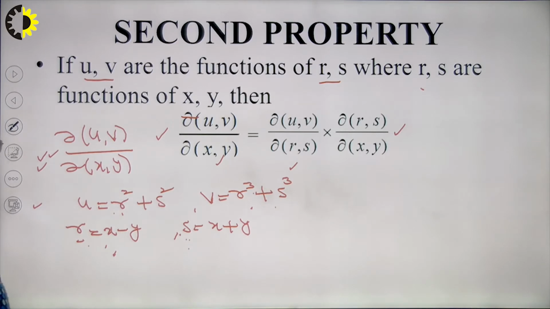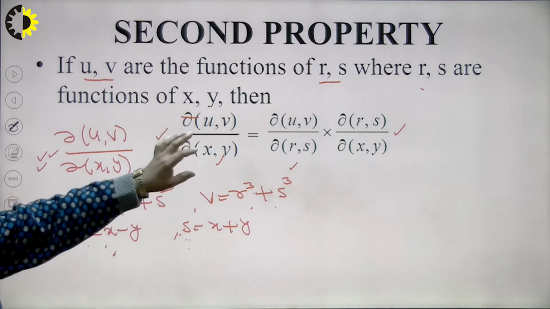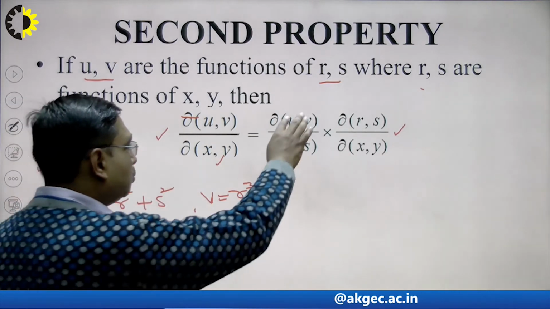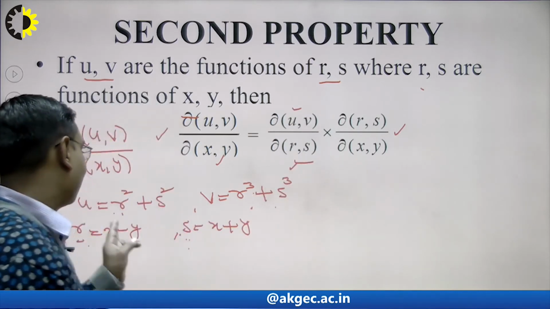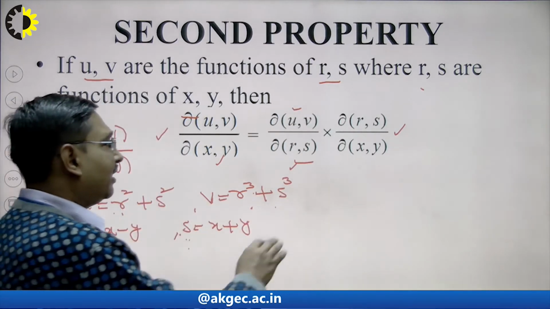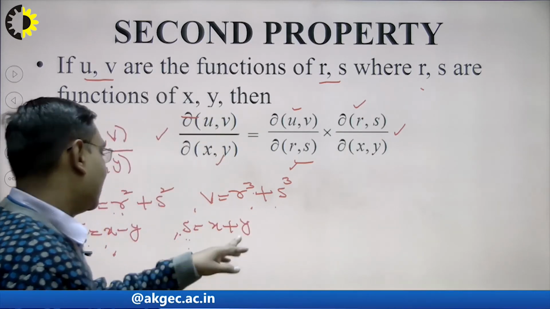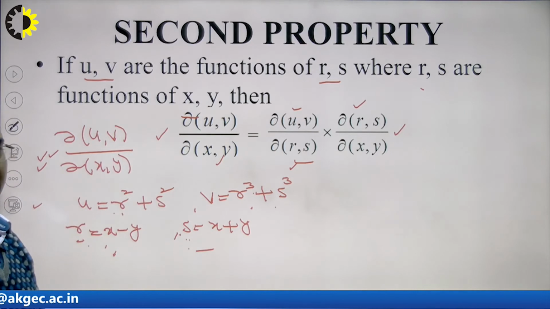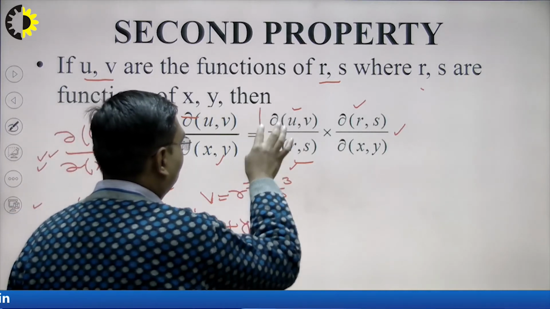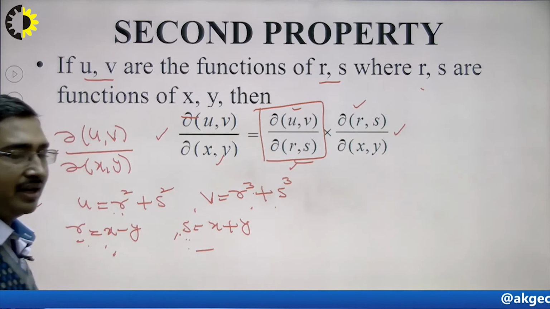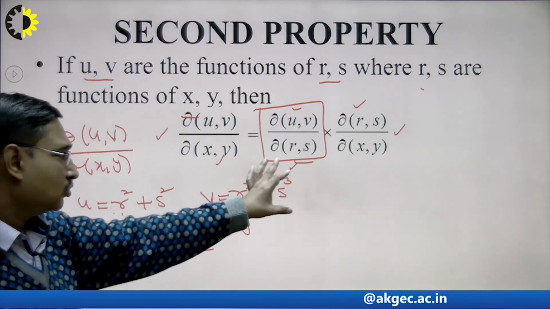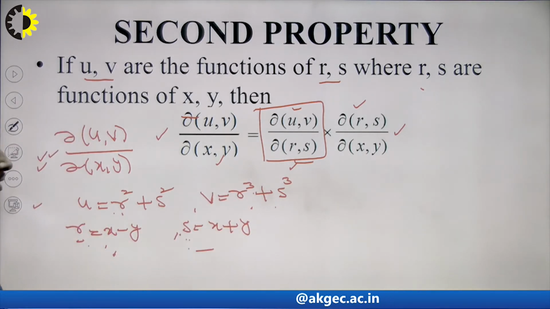Thus, the property says that if we are trying to calculate this Jacobian del u v over del x y, where u and v are expressed in terms of r and s like this, and r and s are expressed in terms of x and y like this, then I just calculate this Jacobian del u v over del r s, because u and v are functions of r and s, therefore there is no difficulty in finding this, at least theoretically.